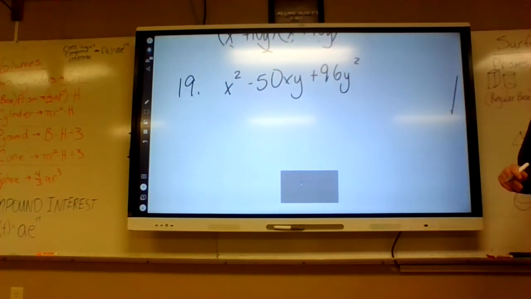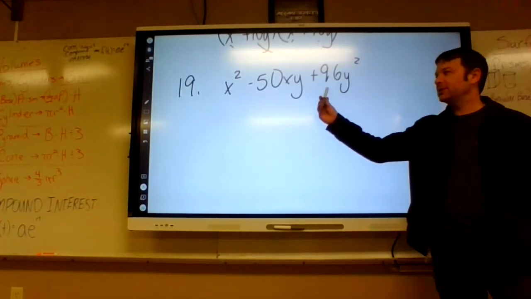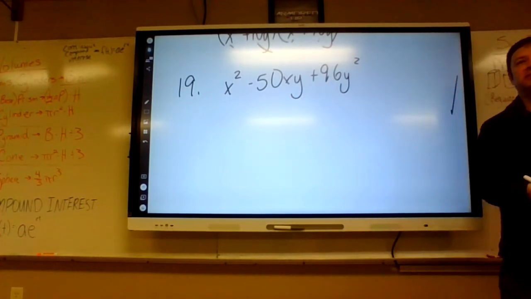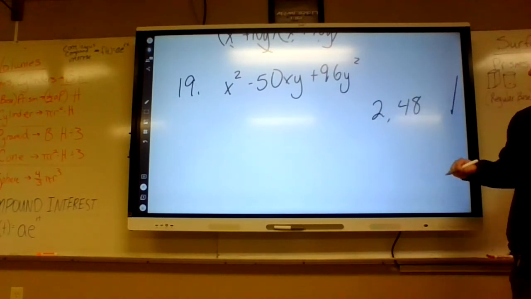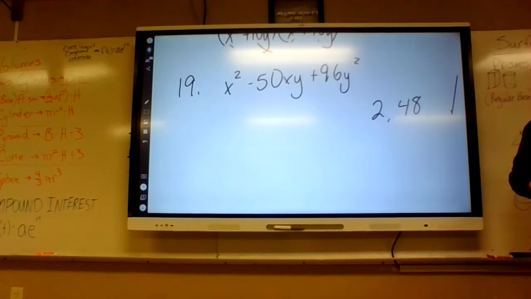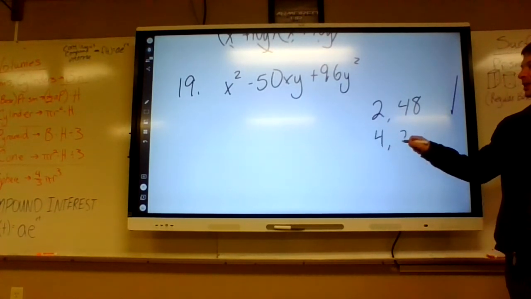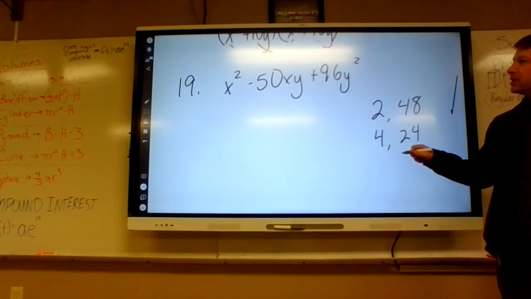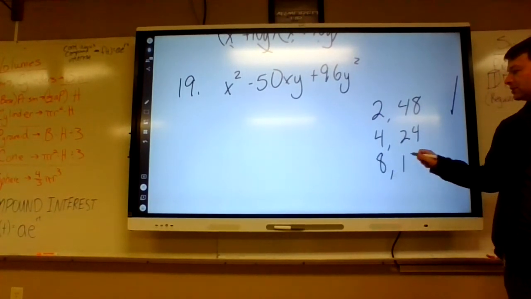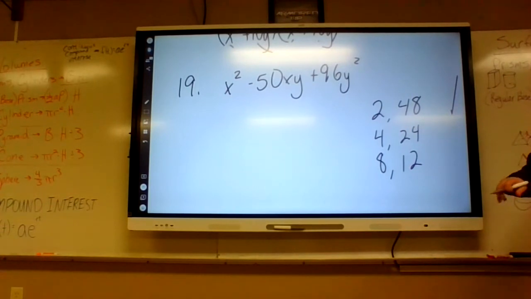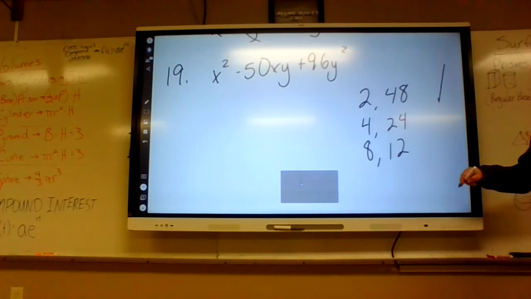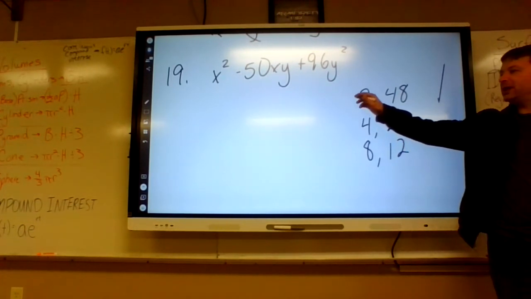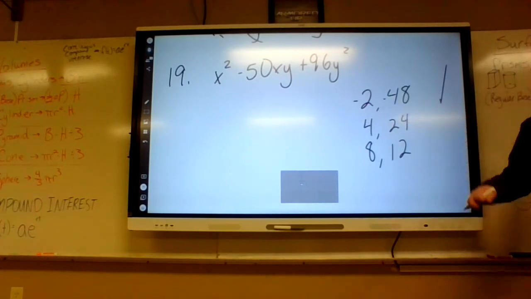What can go into 96? 2 and 48. 4 and 24. 8 and 12. Do any of those add up to negative 50? 2 and 48. Yeah, if we make both of these negative, that would give us negative 50.